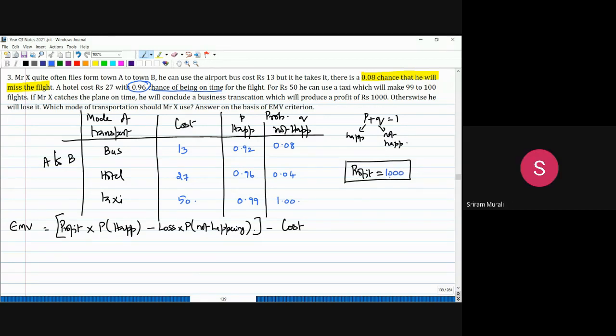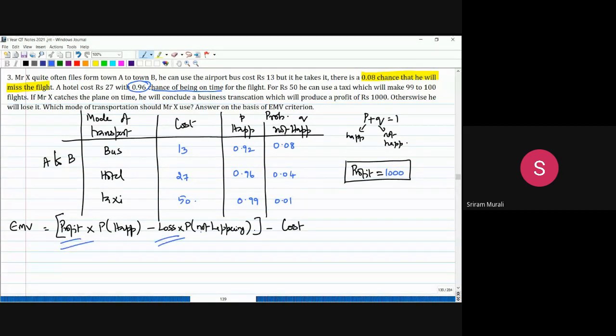Yes, sir. 0.01, sir. Oh, sorry. If he concludes the business, he will get a profit of 1000. So chances would be more for occurrence. Non-occurrence must be less. Then only he will get a profit. Expected monetary value. Expectation is based on both. What is both?